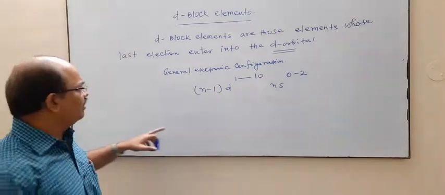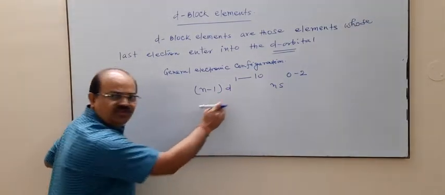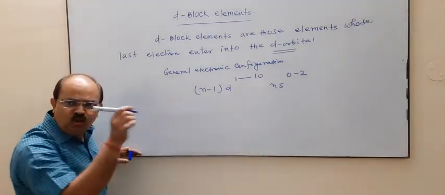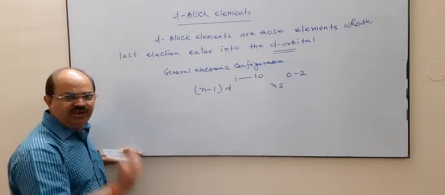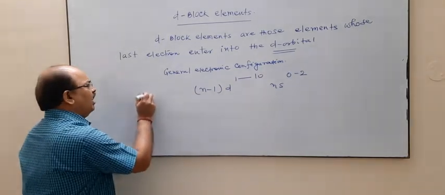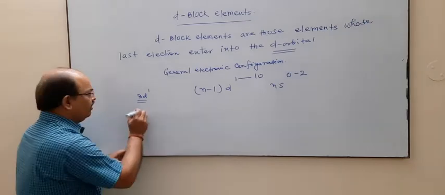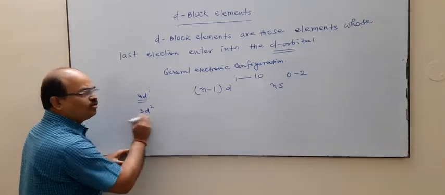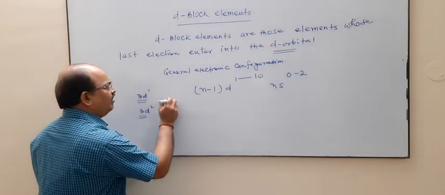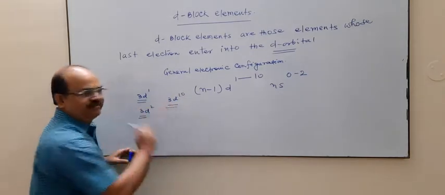It means the lowest d is 3d. So 3d1 is also d block, 3d2 is also d block, till we have 3d10.